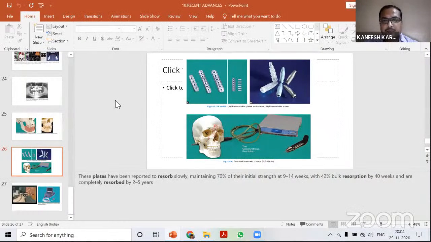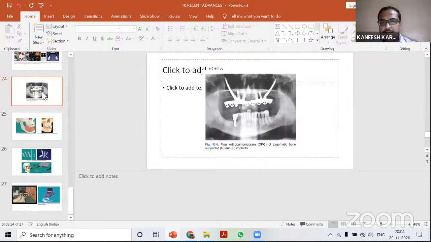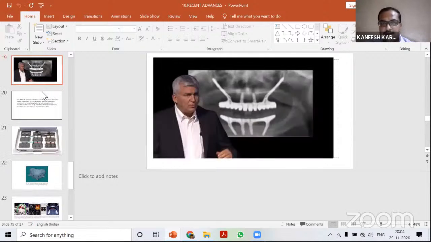So what is the all on four concept? As I already explained, when you are replacing the entire arch by only four implants, that is, all teeth replaced by only four implants, that is all on four.